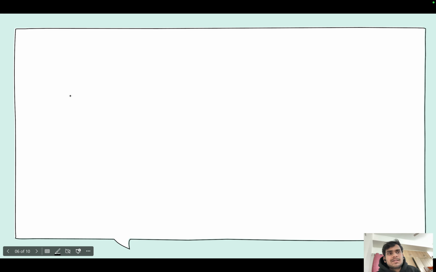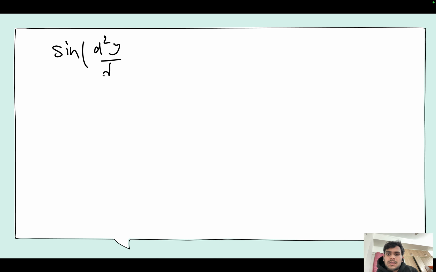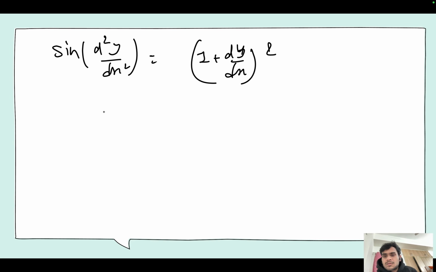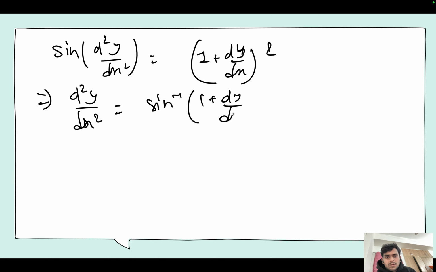Now next example, like sin d2y by dx2 is equal to 1 plus dy by dx whole square. So we will solve it. We will get d2y by dx2 is equal to sin inverse of 1 plus dy by dx whole square. So the order is 2, the highest order derivative is 2, and we can't say about the degree.